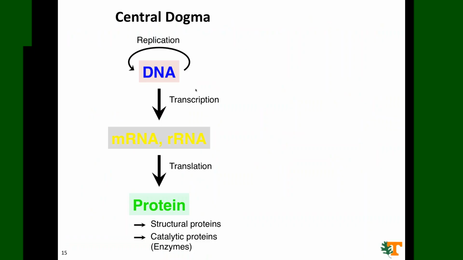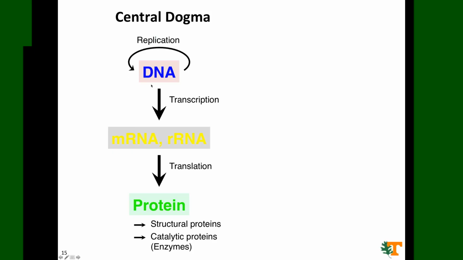Okay, so biology 101. There's a central dogma in biology, and it's the flow of information from DNA to RNA to protein. So DNA can also replicate itself. That's needed when an organism divides and one cell forms two cells.